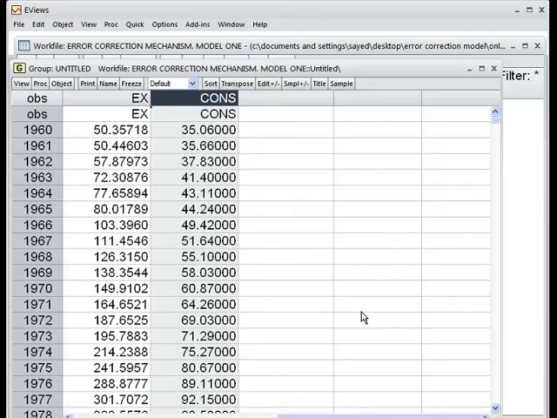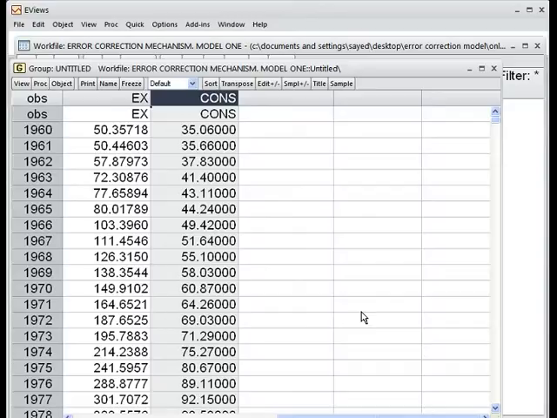Now what we shall do. What we know from the theory is that if the variables in the model are non-stationary, then the estimated regression model can be spurious, or a nonsense model.